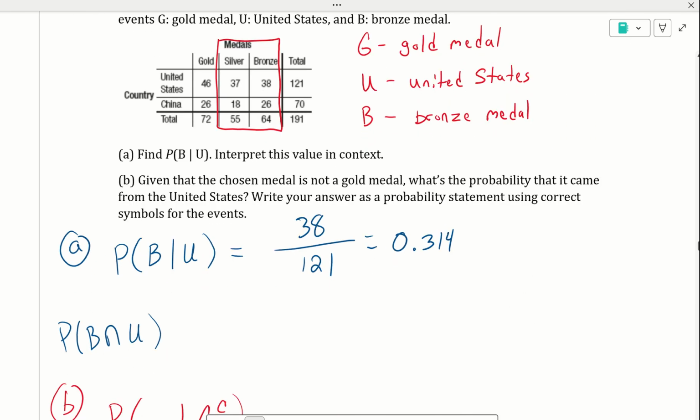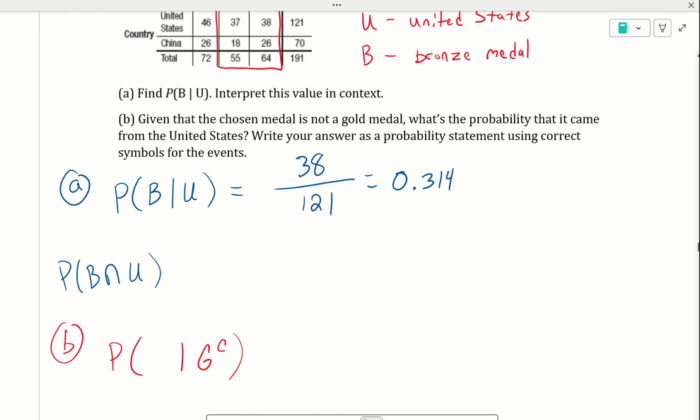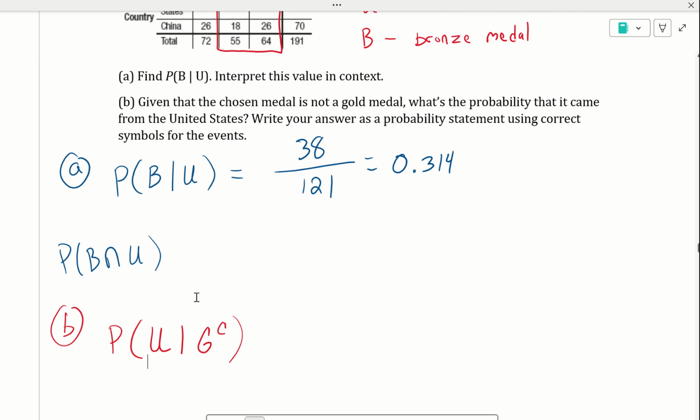So given that the chosen medal is not a gold medal, what's the probability that it came from the United States? Or you might say, what's the probability that an athlete chosen randomly is from the United States if the athlete did not win a gold medal?